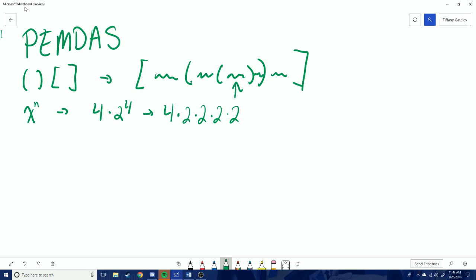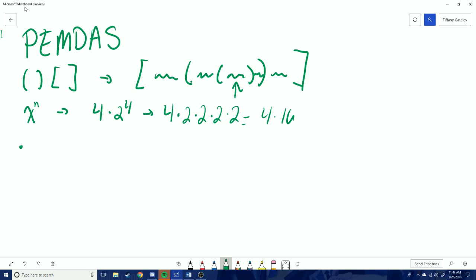So if you just do this first, it makes it easier because then it's 16. So it is 4 times 16. That's when you want to do those next so you're not accidentally doing multiplication wrong.